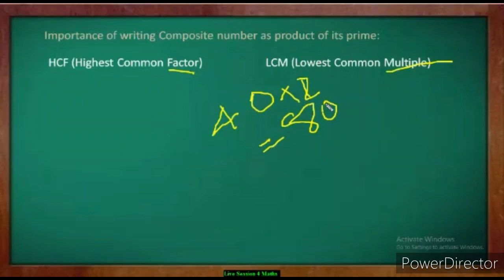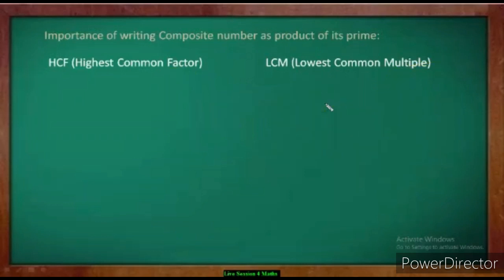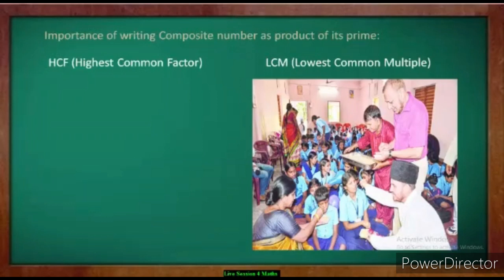I hope you understand now the difference between multiple and factor. Now we have to find the lowest common multiple. The lowest multiple of 40 is 40 itself. Multiply by 1 and you get the lowest multiple. Now let me take one example.